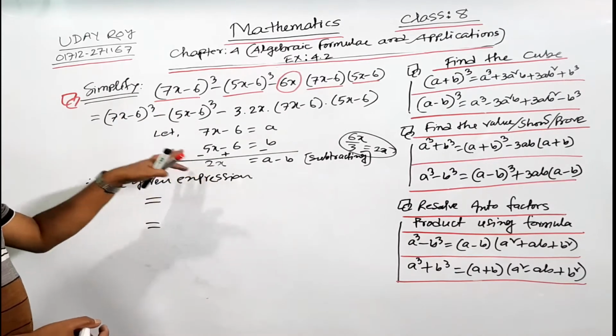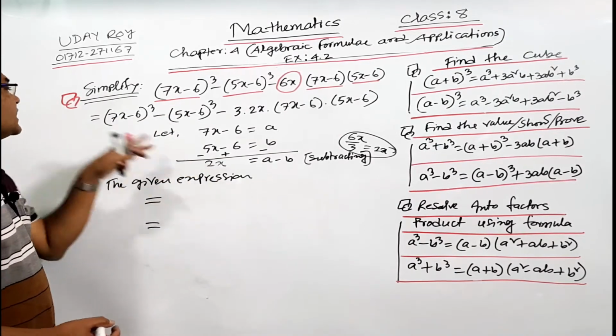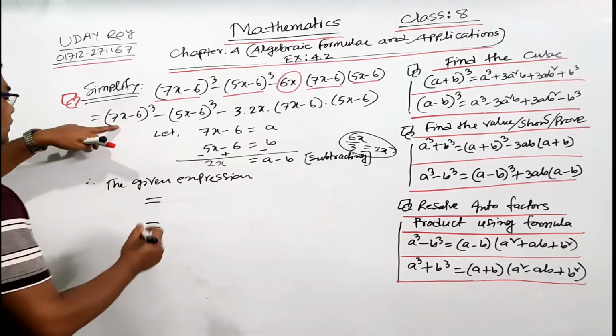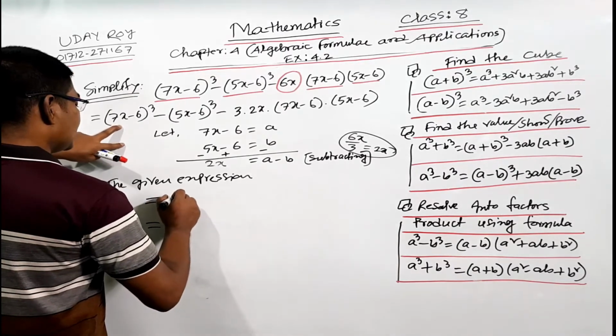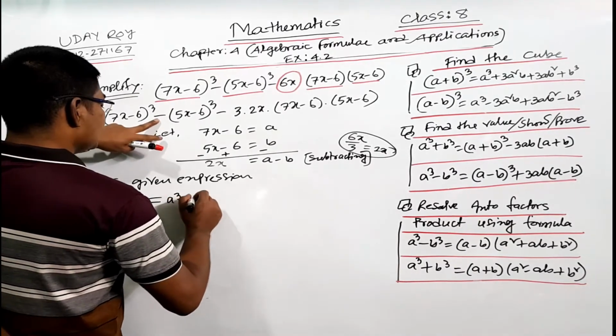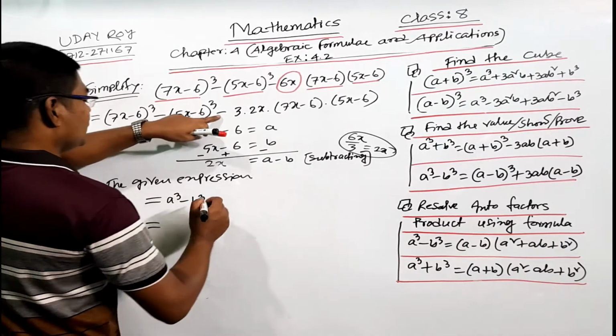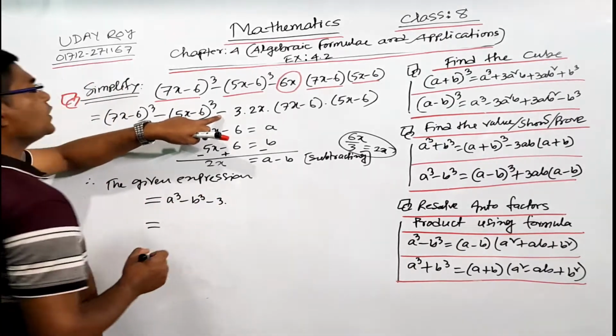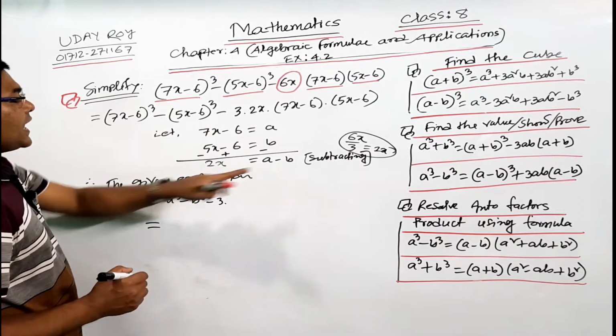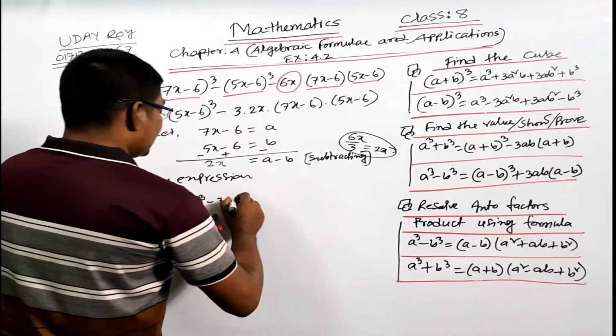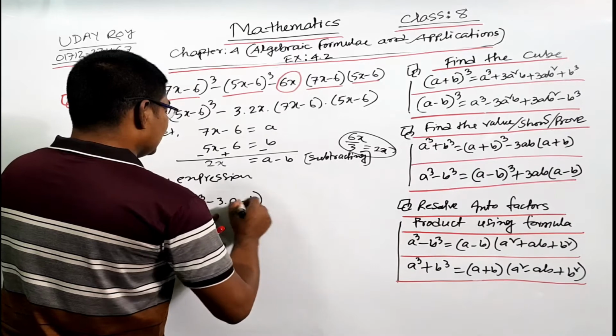Now you can write the given expression equal to a cube minus b cube minus 3 into twice x, and twice x equal to a minus b.